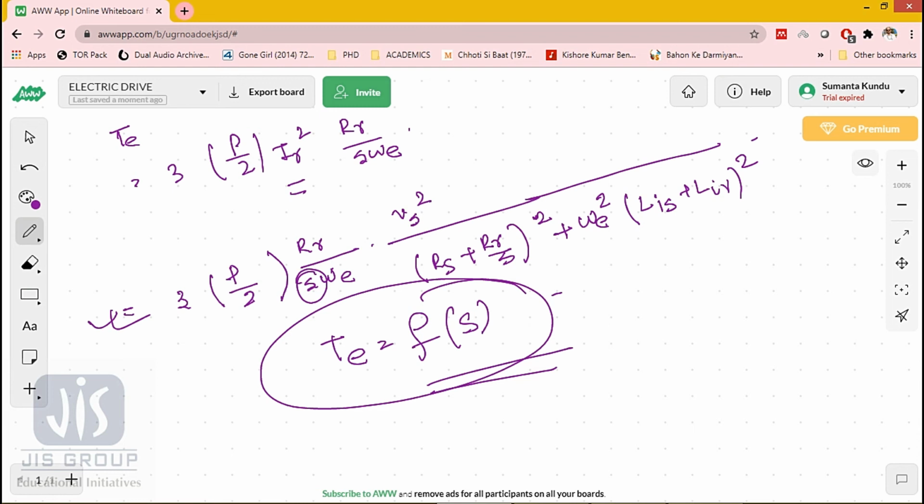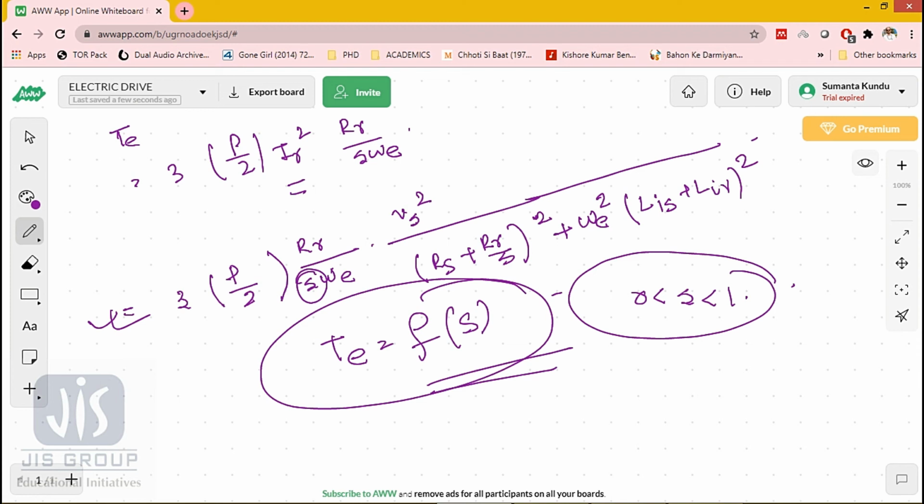So from here we can draw the torque speed characteristics, and we will extend the values we have discussed. Right now we are discussing the motoring zone, and we will change this value of S for the different other zones.